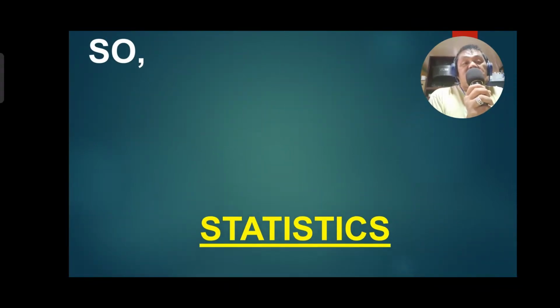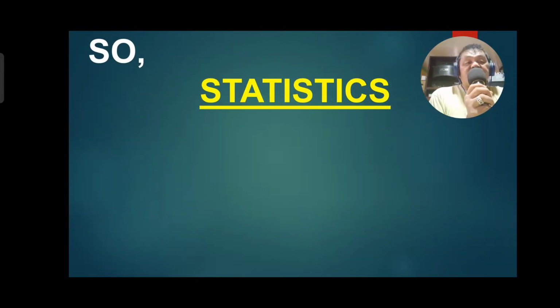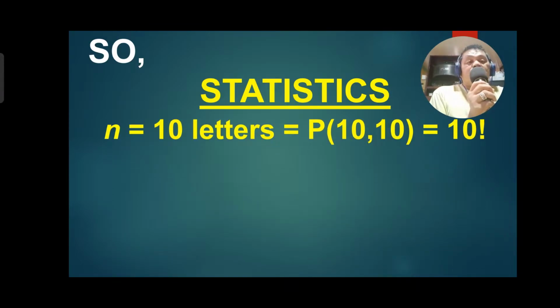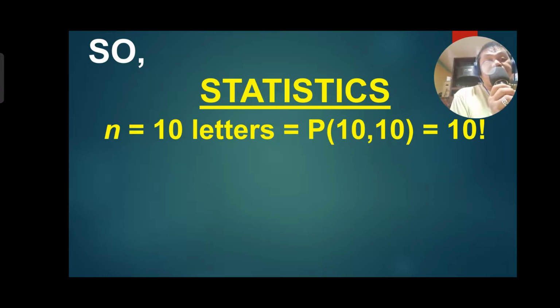So, how many letters does the word statistics have? 10 letters, and that will be our n. So the permutation of 10 letters taken 10 at a time is equal to 10 factorial.